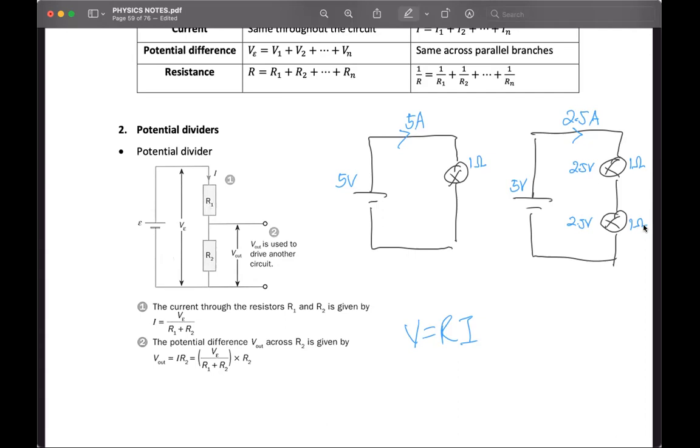So from this calculation, which you did not know in primary school, are you convinced that these two bulbs are actually half as bright compared to this bulb? Does that make sense to all of you now? Because it's 2.5 ampere, it will be less bright.